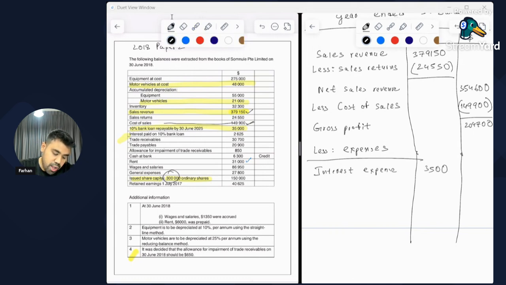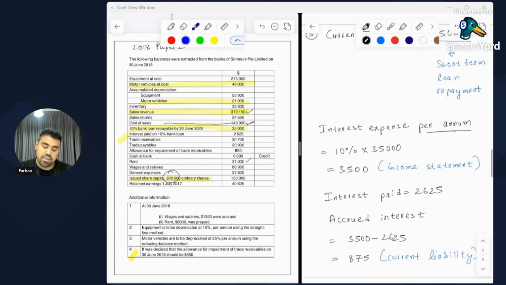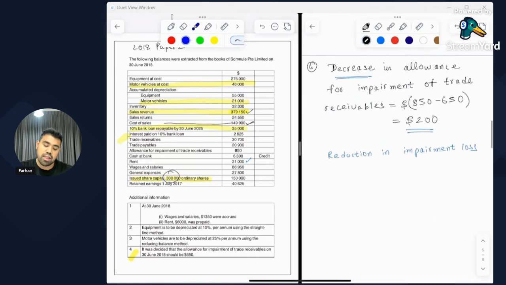Next, if we check the trial balance, we've got trade receivables, which is a current asset, trade payables, which is a current liability. We've got allowance for impairment of trade receivables. Now, if you recall, we had this discussion regarding the allowance. Based on our calculations, we have a reduction in the allowance in this year, and that is $200. When there's a reduction in allowance for impairment of trade receivables, it's a good thing for the business. And therefore, when you're preparing the expense section, you need to show this reduction as a negative amount because this is a good thing.